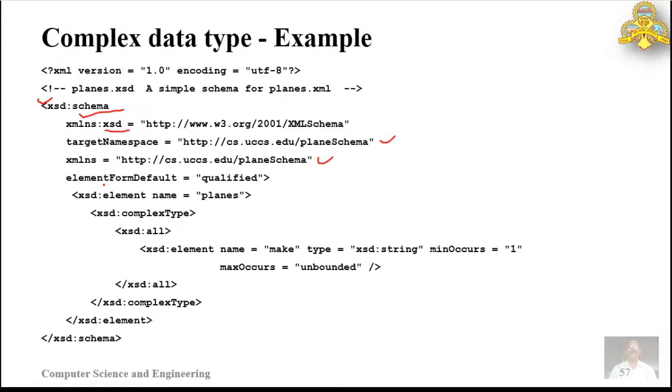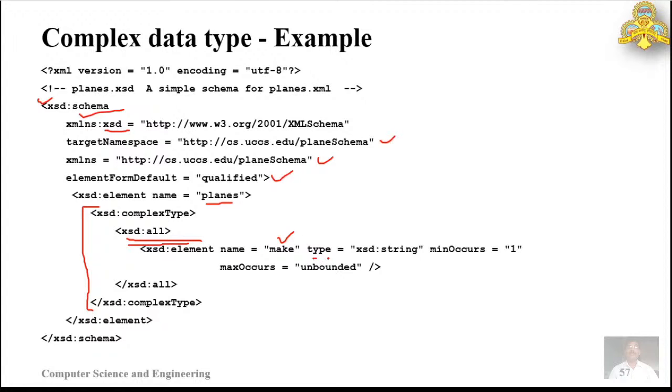If a prefix is not provided, then it will be taken from the default namespace, which is provided here as qualified. The root element name here is planes, and planes is a complex type, and here I am giving all, and the child element here is make.